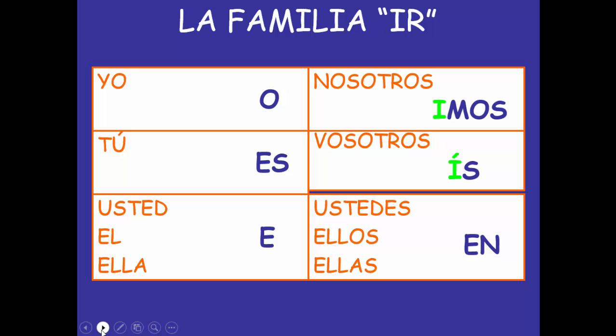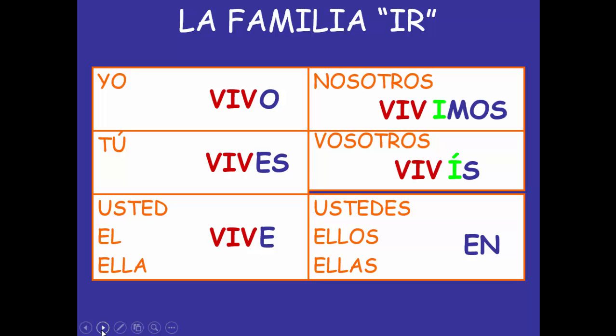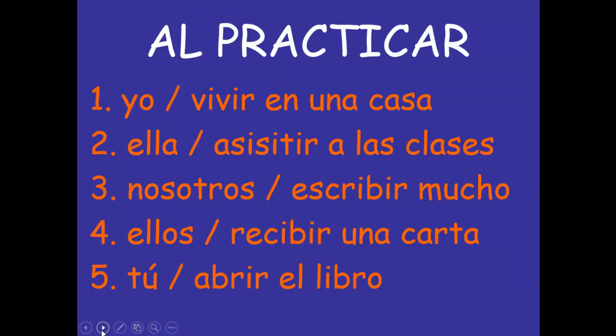Okay, so let's practice. Yo vivo, tú vives, él, ella, usted vive. Nosotros vivimos. Vosotros vivís. Ustedes, ellos, and ellas viven. So here's some sentences. Let's see how you can do.